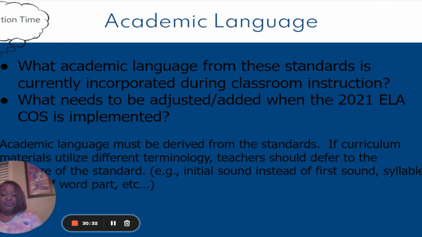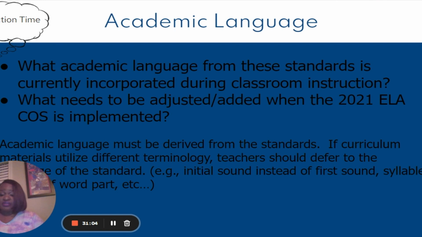For example, when we are asking our scholars to segment words and produce the initial, medial, and final sounds, we want to make sure that we are saying initial and not first. We want to make sure that we are saying medial and not middle. We want to make sure that we are saying final and not last.